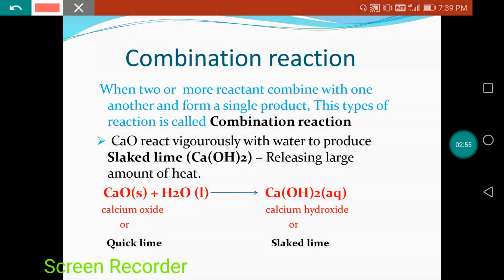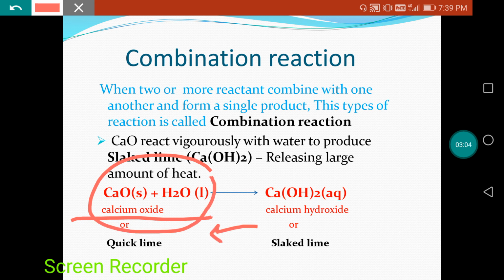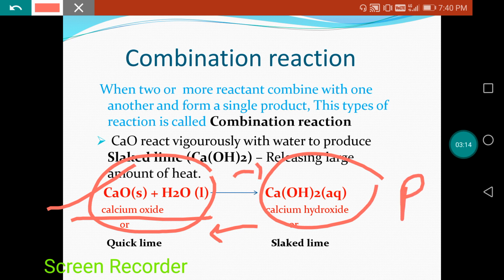Calcium oxide and water. The reaction entities given on the left hand side of the arrow are called reactants, and those on the right hand side of the arrow are called products. Clear? Okay.